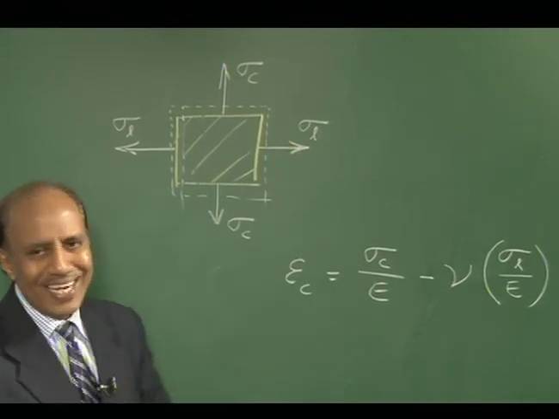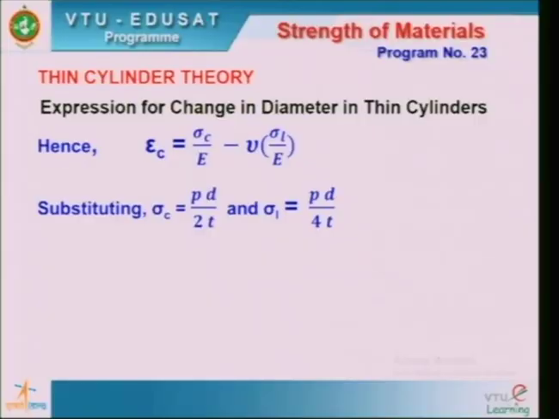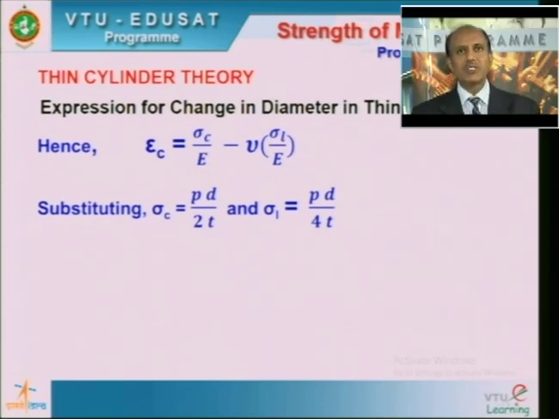Once you understand this expression, the rest of the calculations are really simple. Now we substitute values for the circumferential stress sigma c and the longitudinal stress sigma l. What is sigma c here? Sigma c is PD by 2t. What is sigma l? PD by 4t.